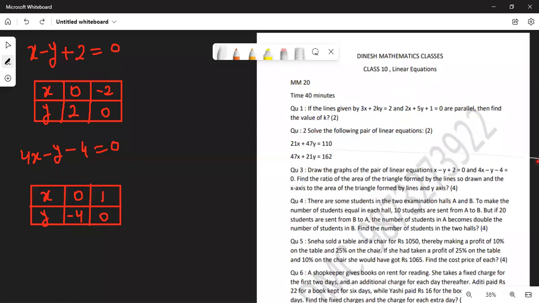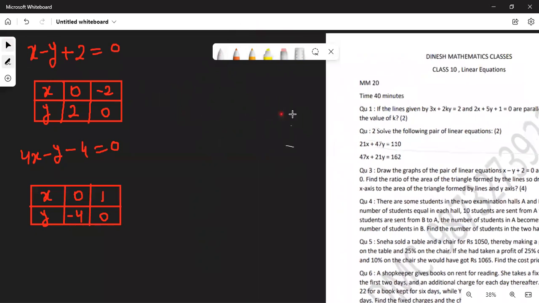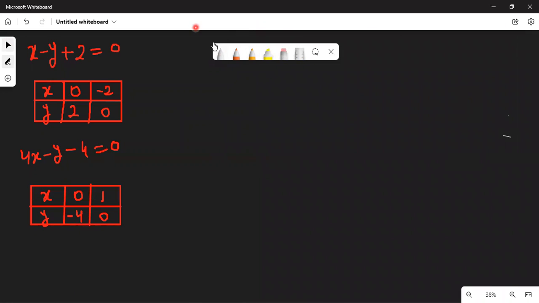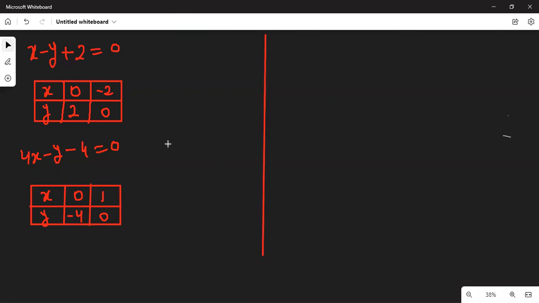Can we represent these two lines here? Okay, x and y, and here we need to move it a little bit. Now we will draw the graph. This is the x-axis. This is the y-axis.